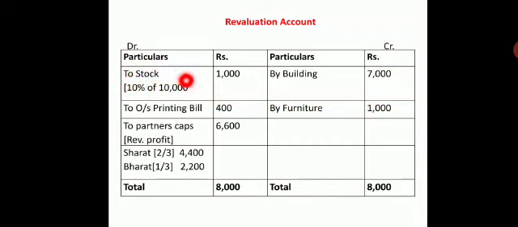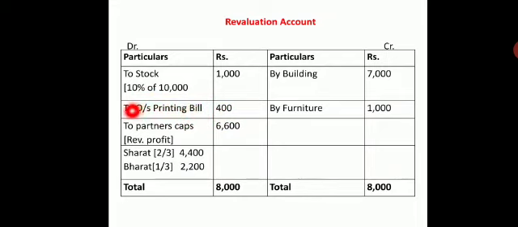Stock is depreciated at 10% less than the book value. Book value is 10,000. 10% of 10,000 is 1,000. It also says one unpaid liability is there, that is, the outstanding printing bill. Now it is taken into account.